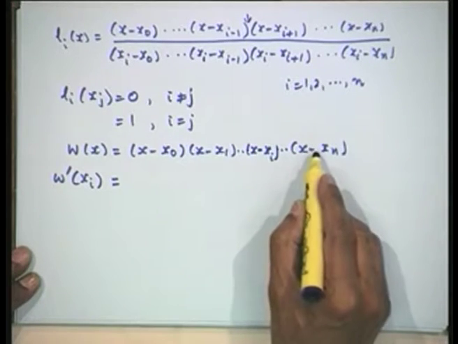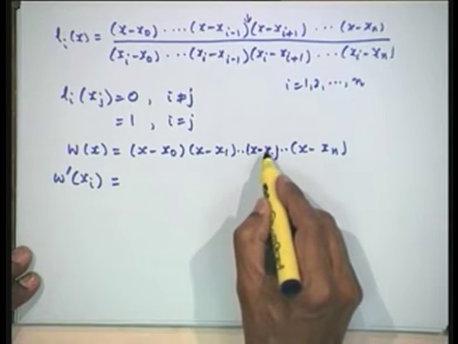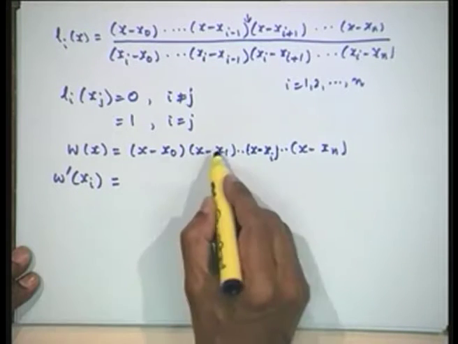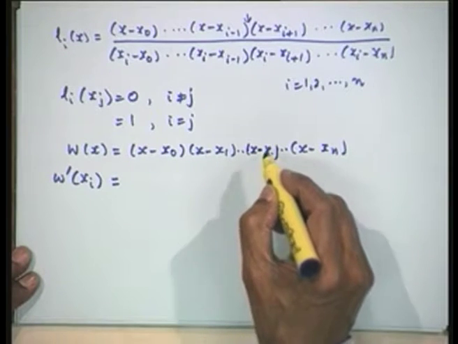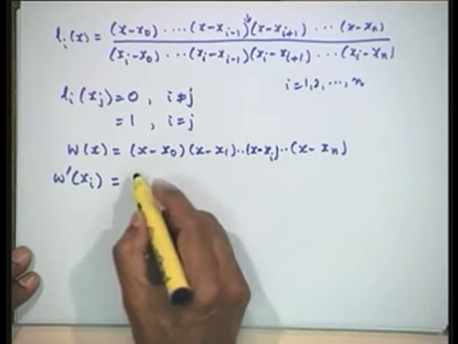When I differentiate this, there will be only one term which will not contain this factor, which is the derivative of this term, because these are all linear factors. When I substitute xi, all of them would vanish except the one term that does not contain x minus xi. When I differentiate the whole thing, this goes, and I substitute in the remaining.